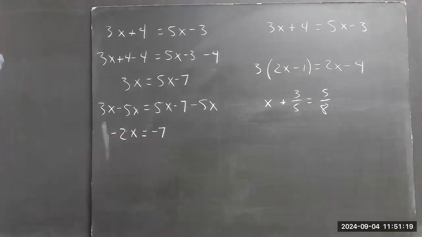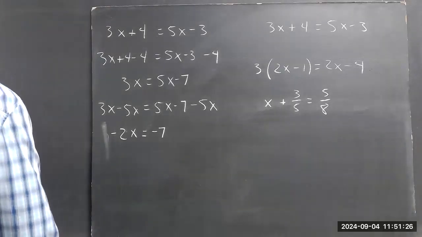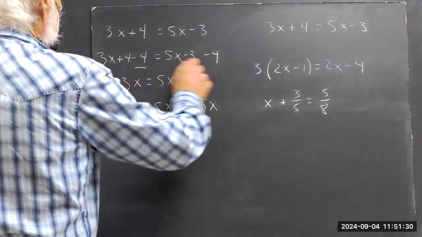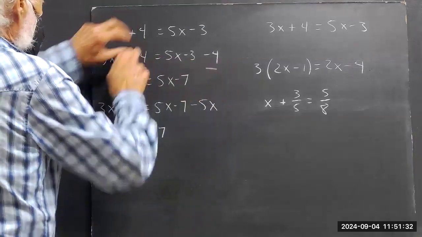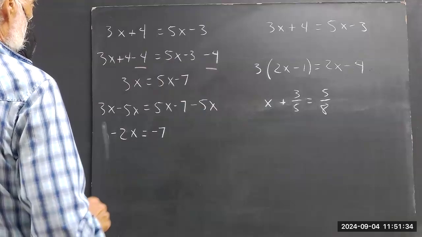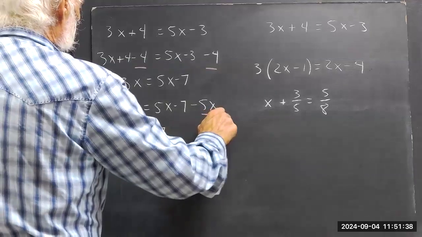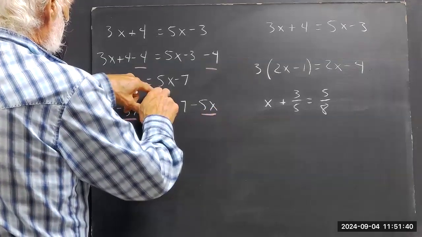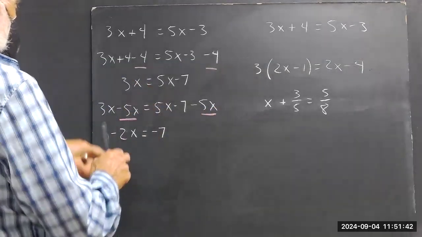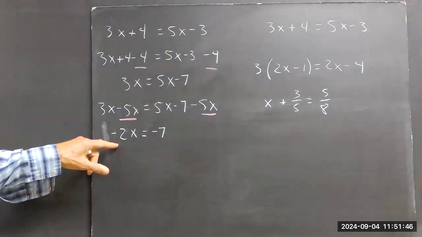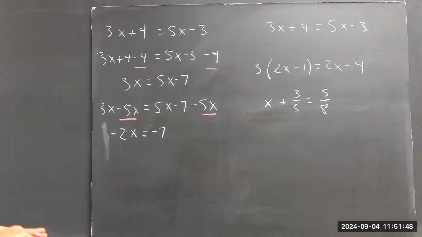Okay, so we have negative 2x equals negative 7. Now, again, all we've done, to make sure it's really clear, is subtract 4 from both sides so that we wouldn't have the 4 there. Then we got an equation, and we subtracted 5x from both sides so that we wouldn't have a 5x over here. So now we have all our x's here and all our plain numbers over here, and that's a very simple equation to solve.